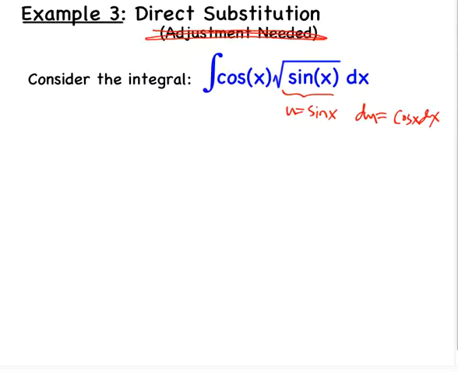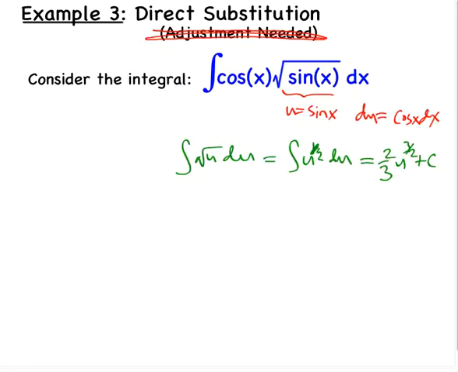So we can rewrite this as the integral of the square root of u du, where cosine x dx was replaced by du. Now we change the square root of u to u to the 1/2 power, so we can use the power rule for antiderivatives. We add 1 to 1/2 to get the new exponent, that gives us 3/2. Dividing by 3/2 gives us 2/3 u to the 3/2 plus c.